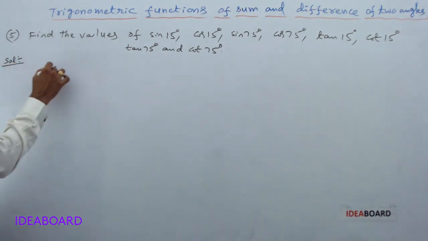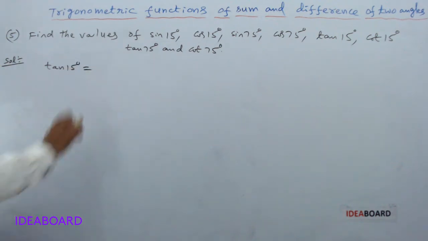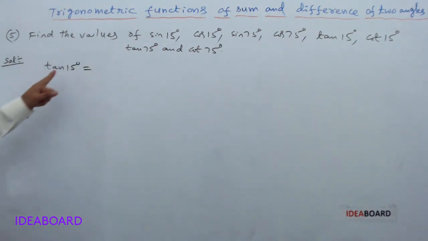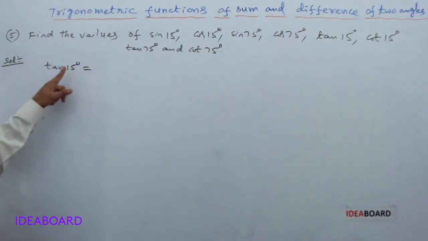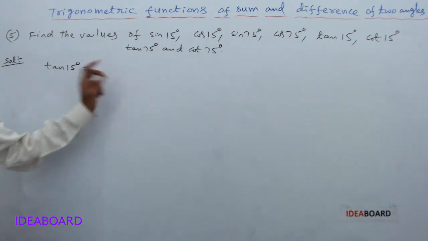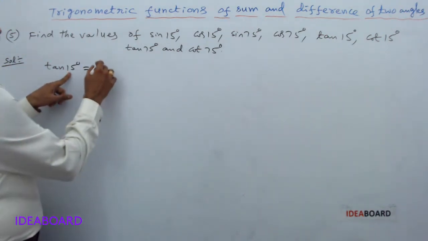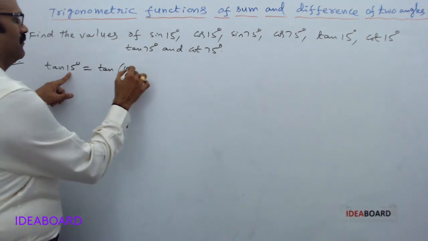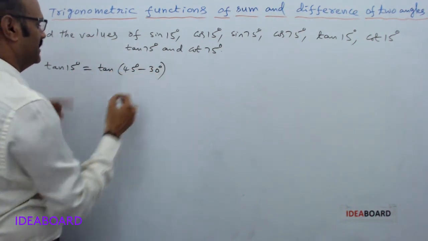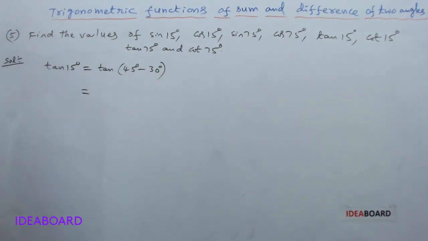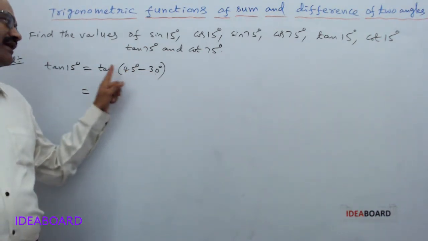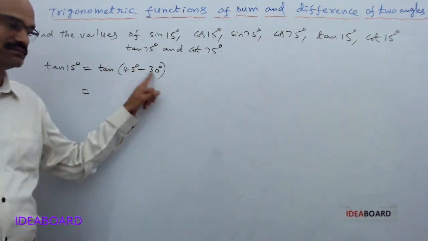Now tan 15 degrees. Here we have 45 degrees minus 30 degrees. So tan of 45 degrees minus 30 degrees is in the form of tan of a minus b.